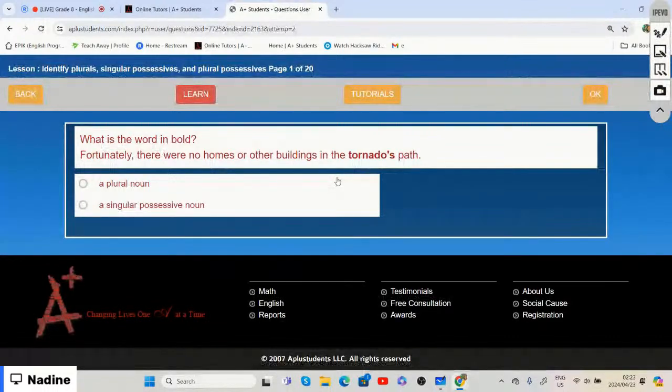It says, fortunately, there were no homes or other buildings in the tornado's path.